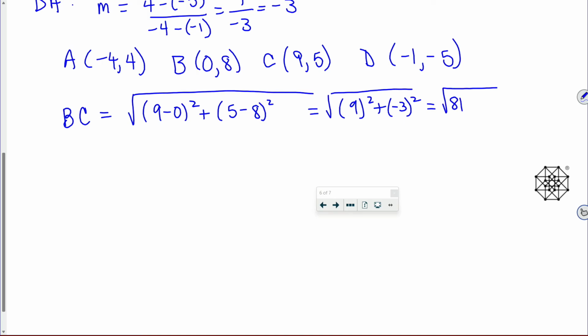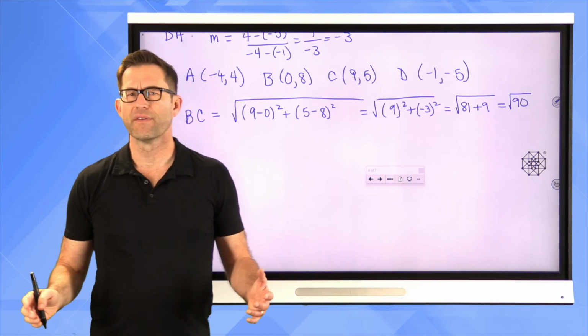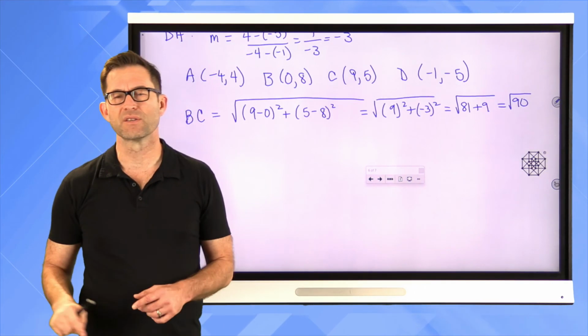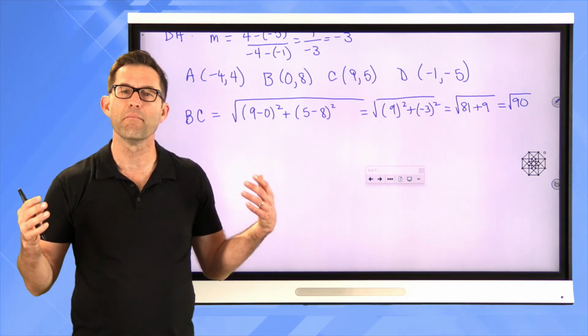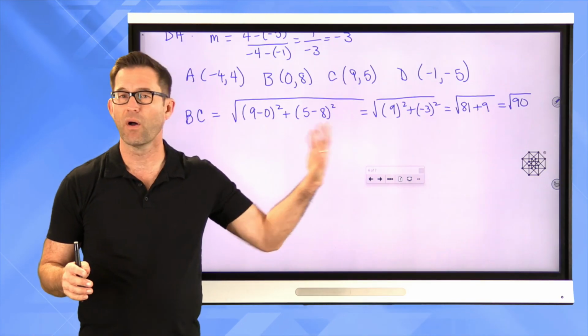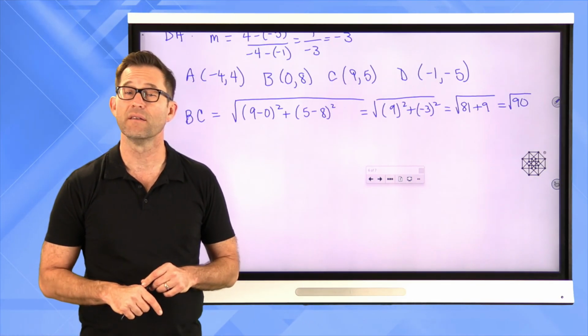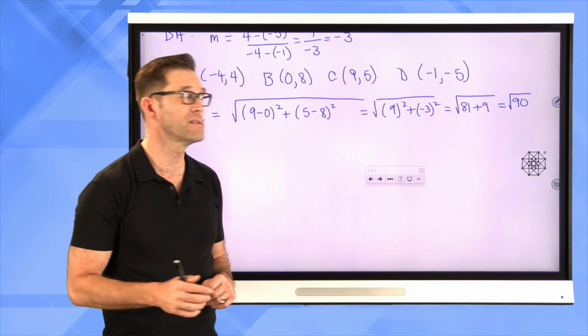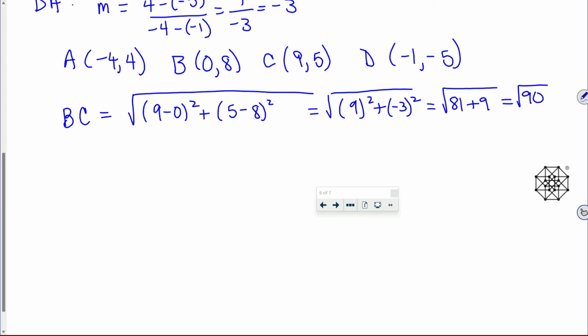That's going to be 81 plus 9, and that's the square root of 90. Now, I could simplify the square root of 90 as the square root of 9 times the square root of 10, but there's no absolute imperative that I do that. All right? In fact, all I want to do is prove that BC and DA have the same length, so let's now go on and figure out the length of AD or DA, depending on how you want to look at it.